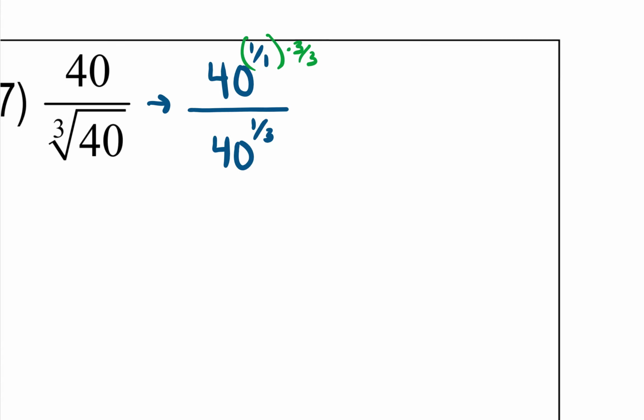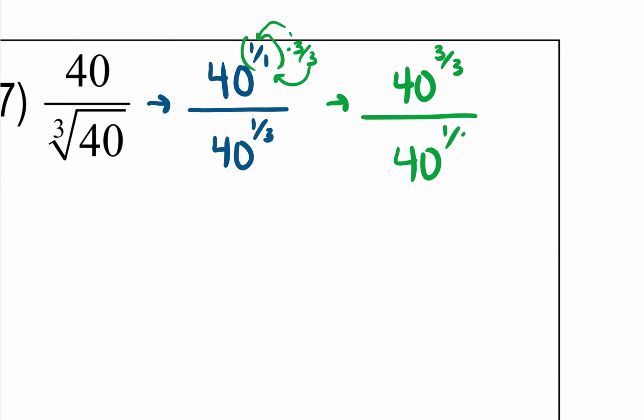Therefore, I don't have to multiply the second one at all. So I would have 40 to the 3 times 1, which is 3 over 3, divided by 40 to the 1 over 3. So I rewrote them with fraction exponents, and I made them the same denominator.